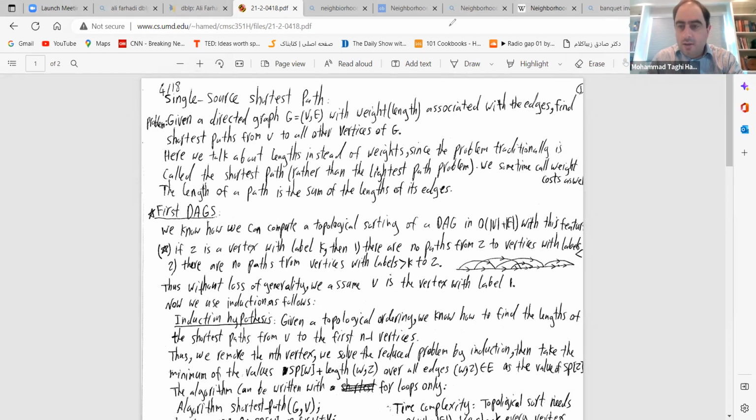Okay. So today we are continuing our graph algorithms, and we talk about the shortest path. Actually, we already talked about a few problems before that I want to remind you that are relevant. We talked about DAGs, directed acyclic graphs, and we mentioned the topological sort there.